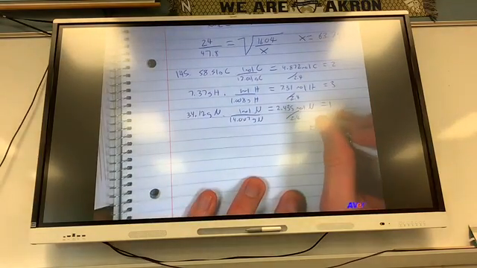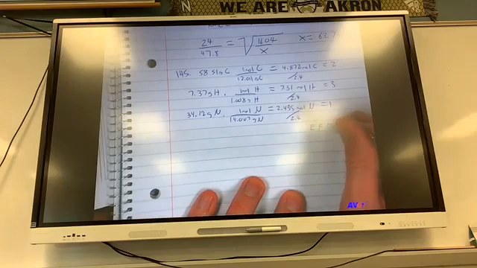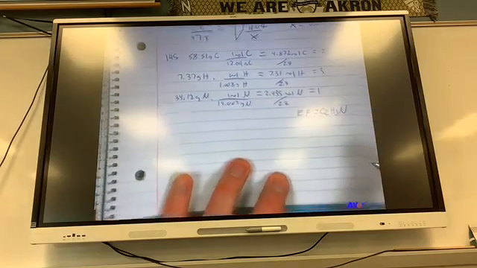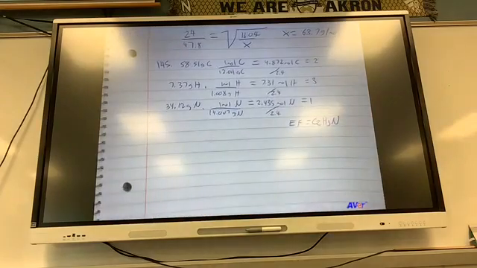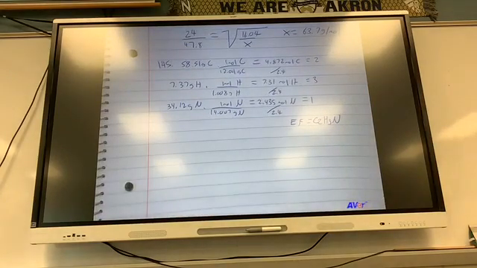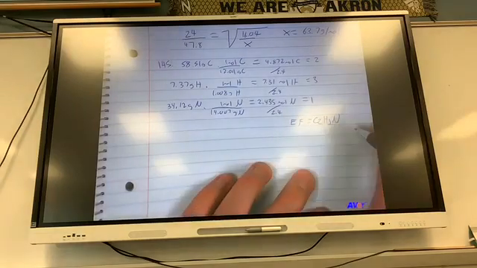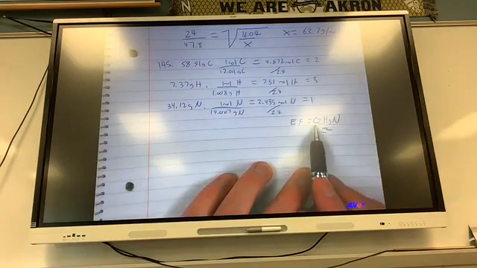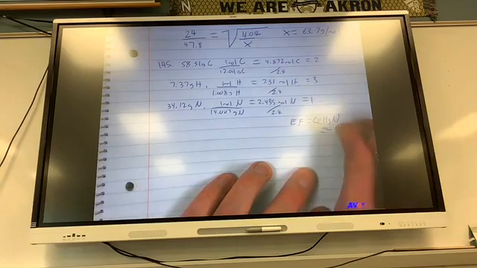Therefore, my empirical formula is C2H3N. We good so far? So it's just like the ones we did in the other chapters. Right, but we're not done yet. So this is approximately 2 times 12 is 24. 24 plus 3 is 27. 27 plus 14 is 41.